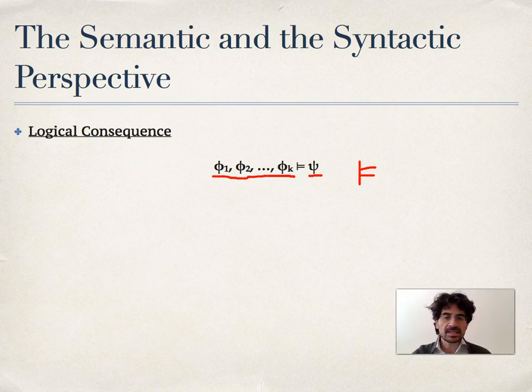And this expression means that given the premises phi 1, phi 2 up to phi k, the conclusion psi, the formula on the right-hand side of the sign with the vertical bar and the horizontal bars, follows deductively from the premises.